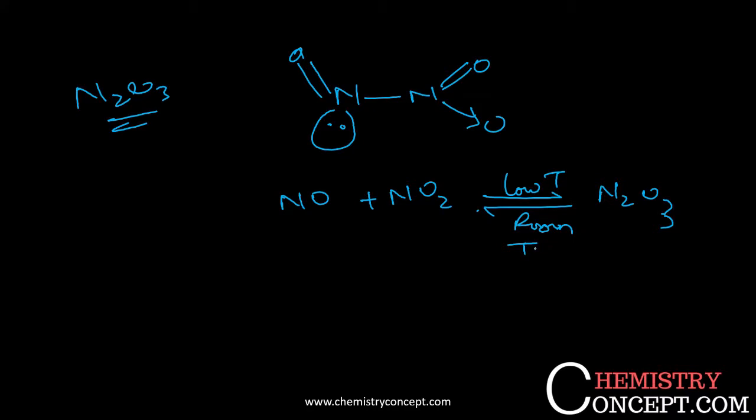There is one more structure of this dinitrogen trioxide, and that is really not that stable. So this is the main structure of dinitrogen trioxide, and this is a dark blue liquid. And this is unstable in the gas phase.